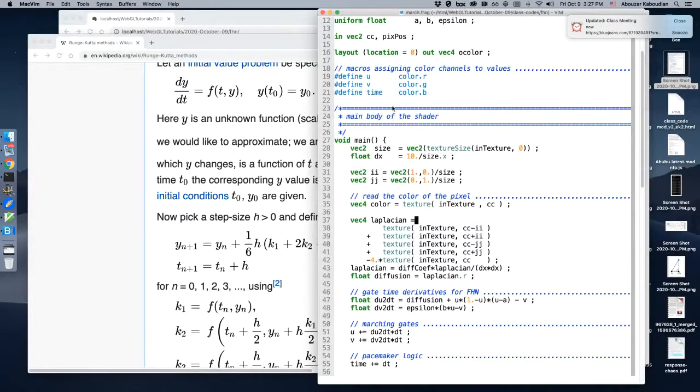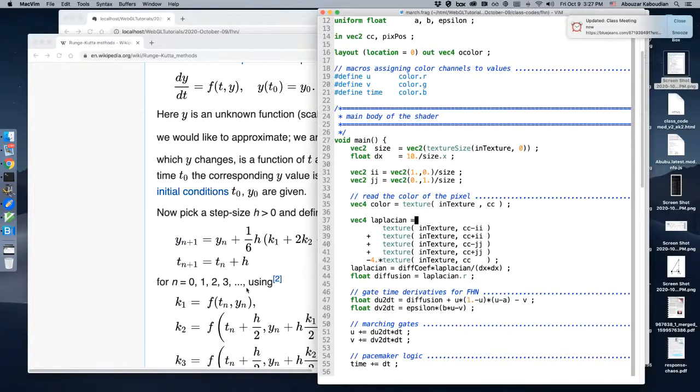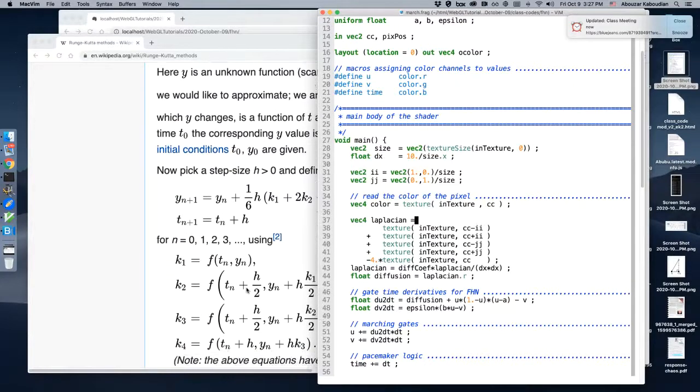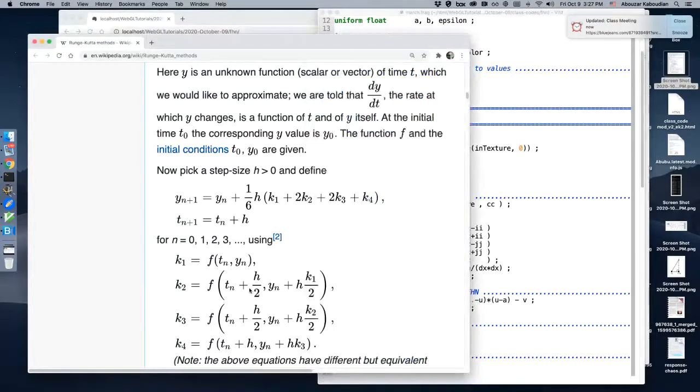In order to make my life a little bit easier, I can write a recipe that I pass the y variable, because this particular example is not a function of time, we can just pass the y variable, and based on it we can calculate the k's.